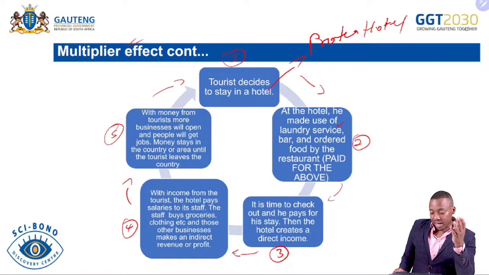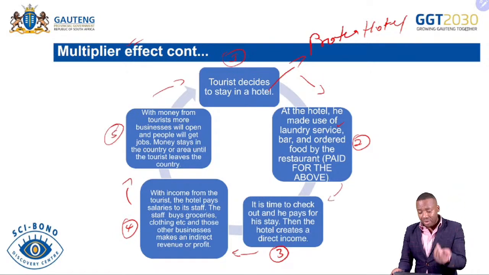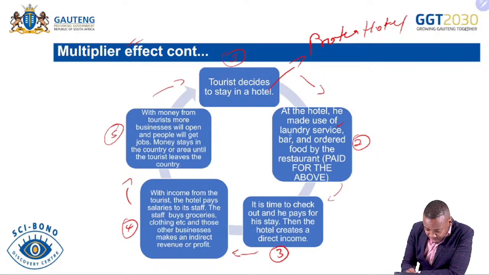Immediately after laundry, the person decides, let me just go and have some refreshments at a bar. Then he decides to buy a drink. It is not for free. Later after the bar, he decides, let me get something to eat. Then they order food at the restaurant, and they need to pay for that. Then they have paid for the above.